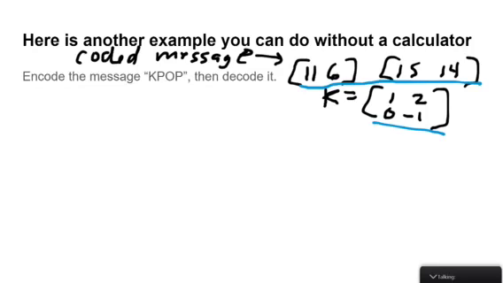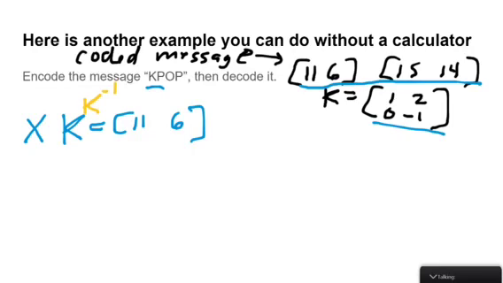So if X represents the original 2 letters, like K and P, we multiply that by K, our key matrix, to get 11, 6 for the first part of our message. Because there's no such thing as matrix division, what I would have to do now is multiply on the left-hand side by the inverse of K. So now we have to find the inverse of K.